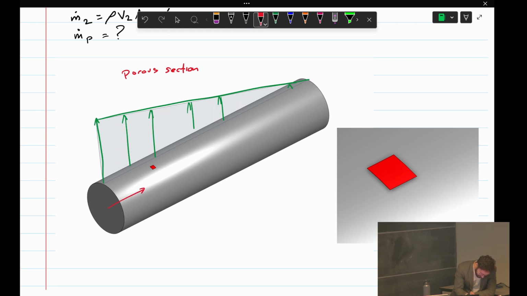So it will be x along the pipe, r in the radial direction, and then theta in the angular direction. That's just a normal cylindrical coordinate system. Maybe I'll draw this a little bit bigger. It's kind of hard to see. So that angle is theta. And the velocity again is VW here and 0 here.